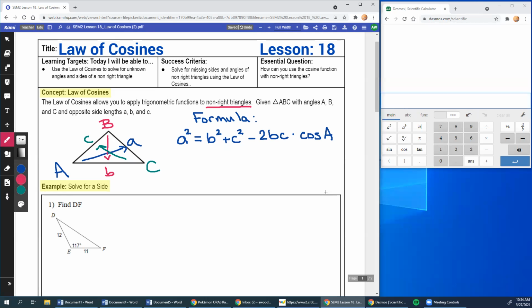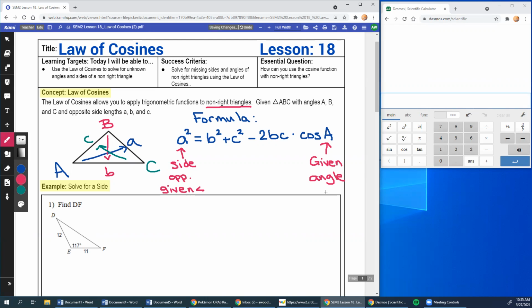So instead of rewriting the formula 3 different ways, but it all meaning the same thing, it all starts with your given angle. So this angle here in cosine is always the given angle. It's either the given angle or the angle you need to find. So always start there. Then this little a on the outside, the only thing that's by itself, is going to be the side opposite your given angle.